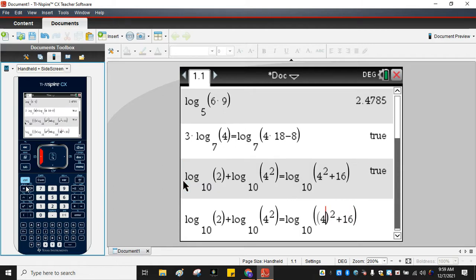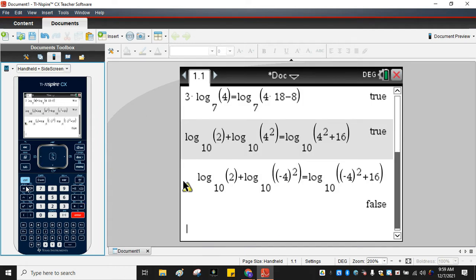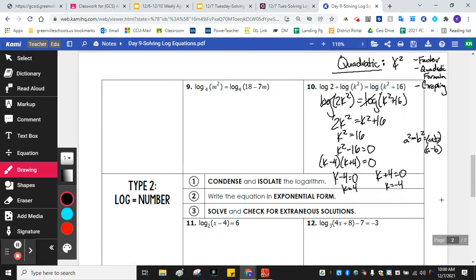Remember, when you square a negative, it has to be in parentheses because it should turn into a positive. False. So -4 doesn't work. And +4 does.